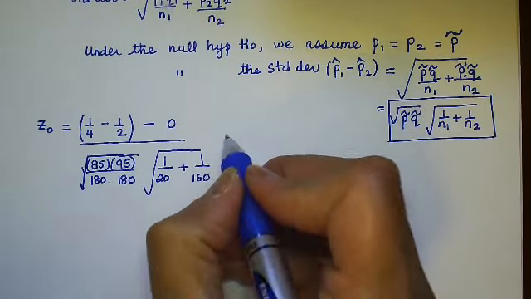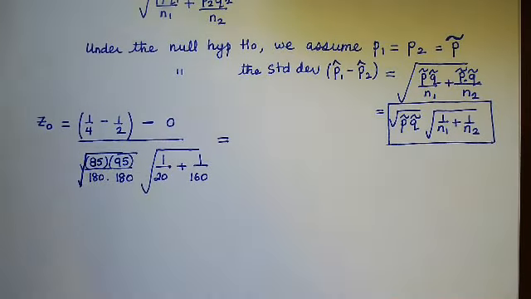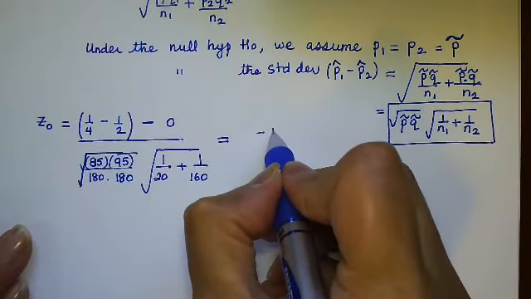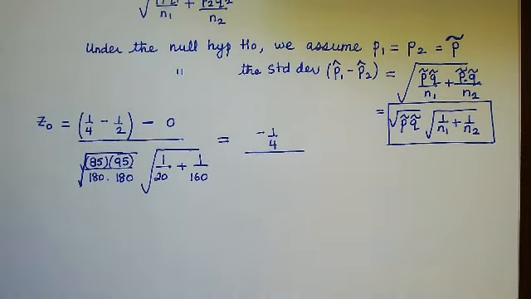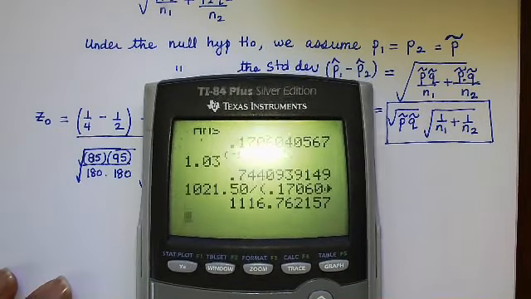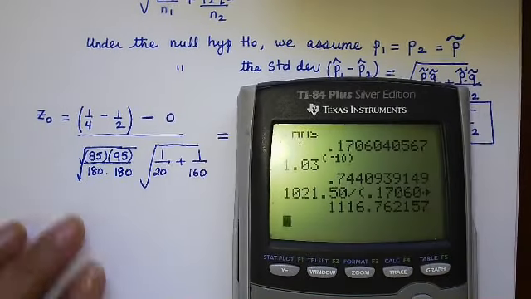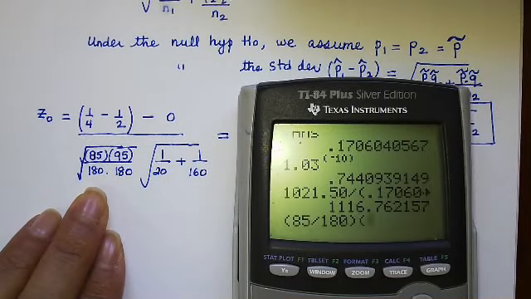N1 is 20 and N2 is 160. And I compute this number. So in the numerator I have minus 1/4 and I need to find my denominator. So let's do that, please.